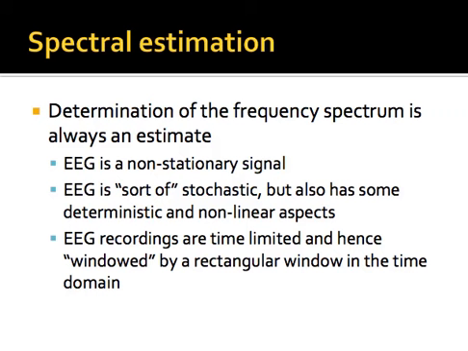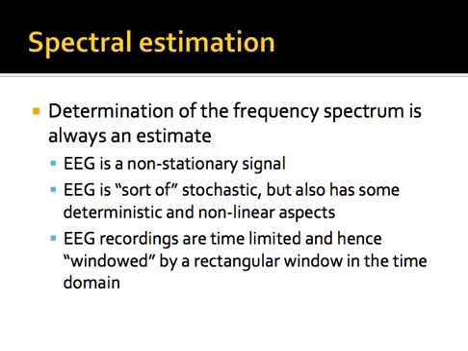The other issue is that EEG recordings are time limited. Normally when we do a Fourier analysis and look at a frequency domain, you usually make an assumption that the signal is infinite in duration. The problem with a time-limited signal is that you have a clear starting and stopping point outside of which the signal has a value of 0.